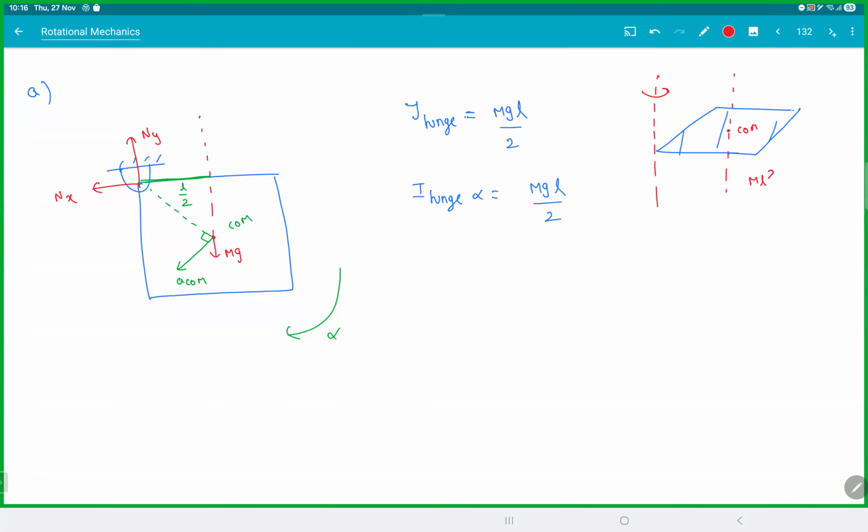This will be ml square by 6. This distance will be L by root 2. So I about hinge will be I center of mass plus md square. If you do this, you will end up with ml square by 6 plus ml square by 2, 2 by 3 ml square.